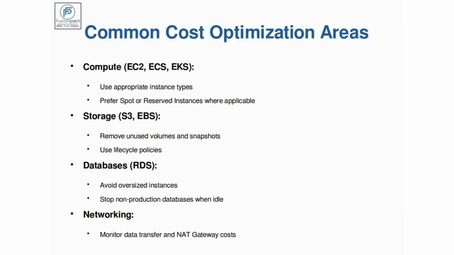The next resource is storage: S3 and EBS, Elastic Block Store, which by default gets attached whenever we provision a new EC2 server. We can remove unused volumes and snapshots.